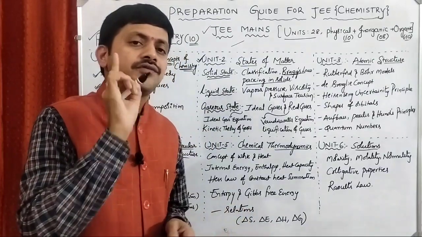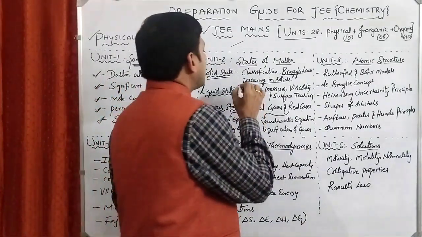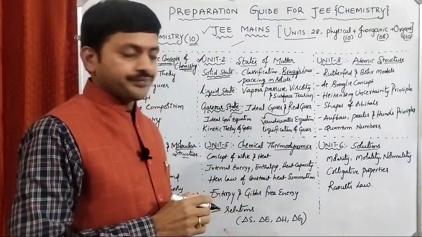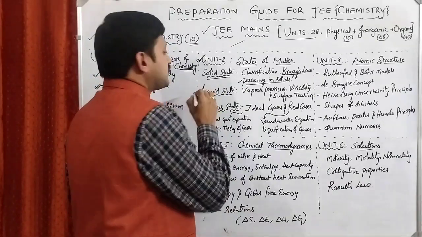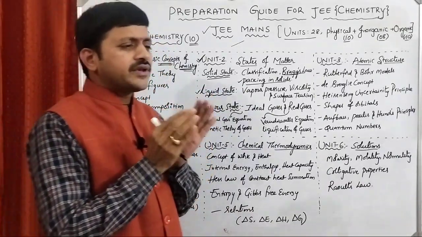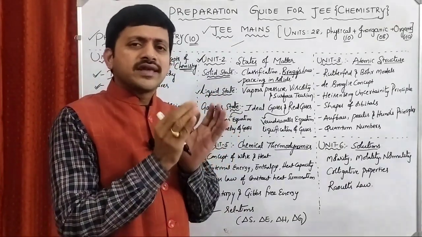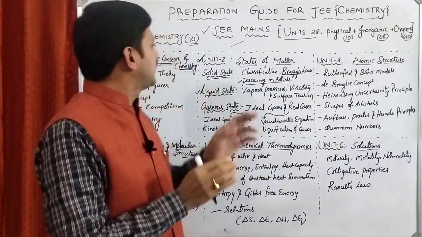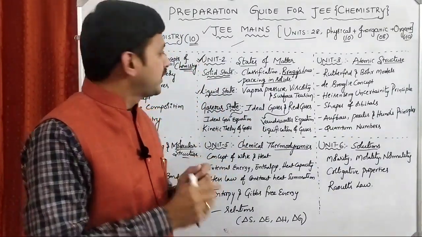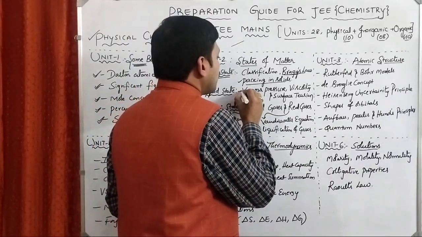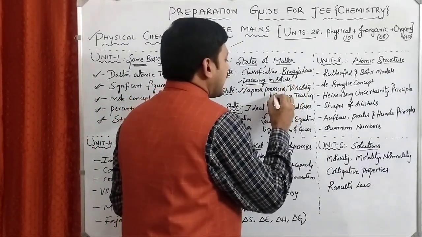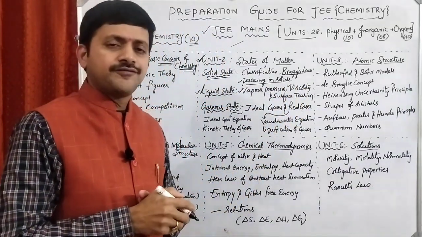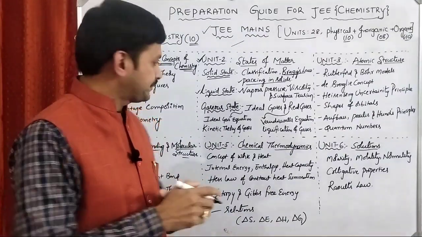This is a very important topic, packing in solids. Next, the liquid state. The liquid state is a very small portion in unit 2. Here we need to emphasize vapor pressure, viscosity and surface tension. Briefly, you should have an idea.